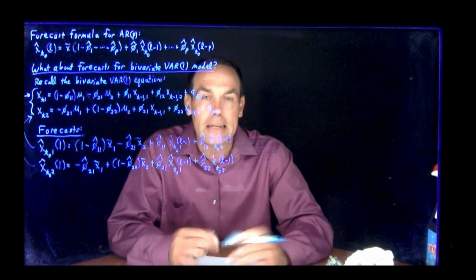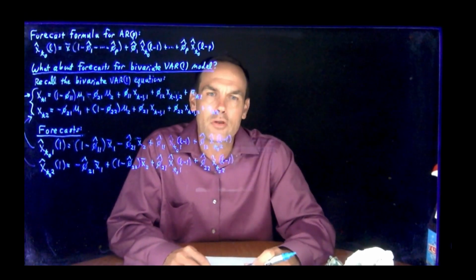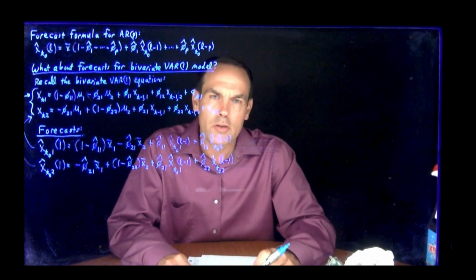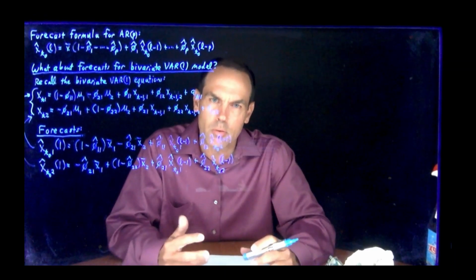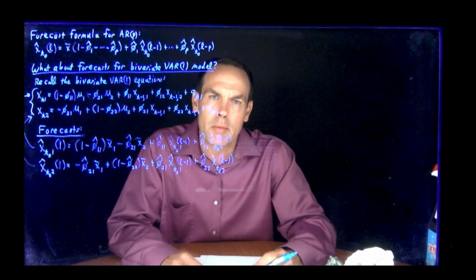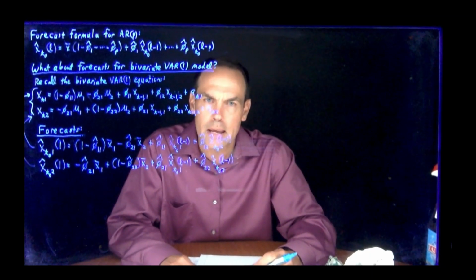Anytime there's a leading indicator, that gives you a good reason to consider a VAR model, because you know that there could be two variables that are related, and using that second variable can really give you some better forecasting ability and ability to model data.